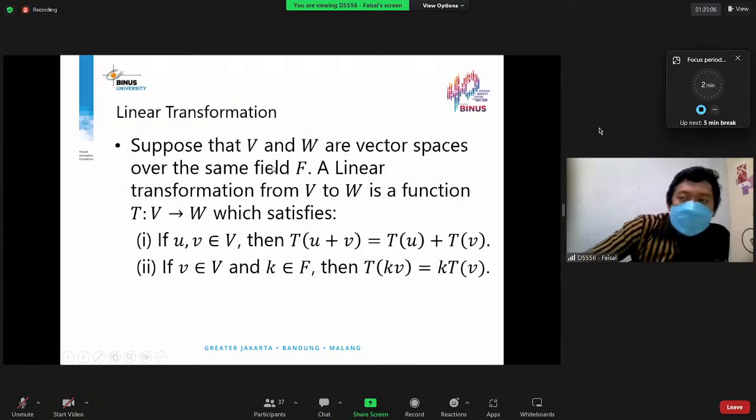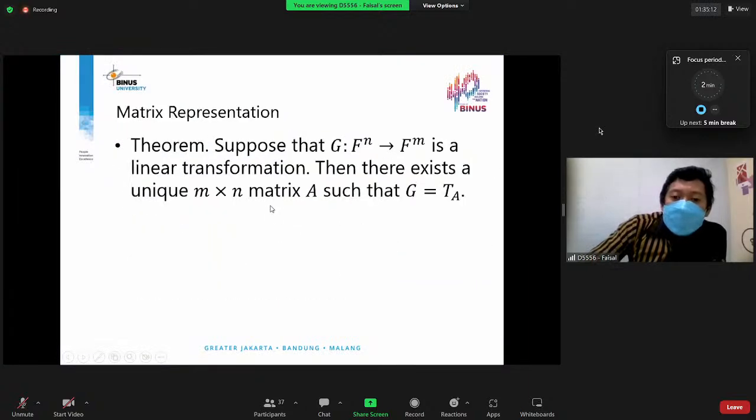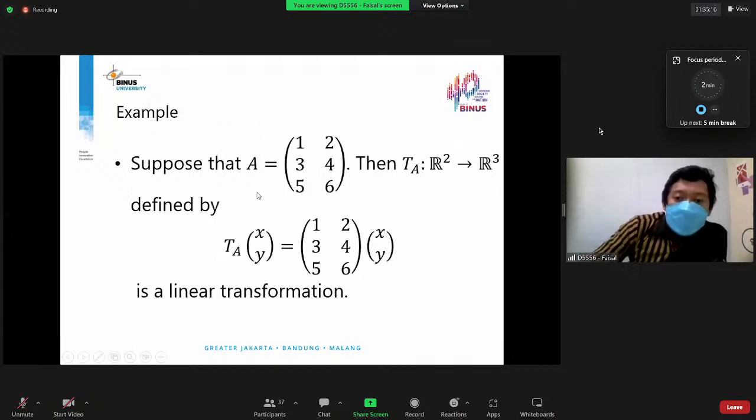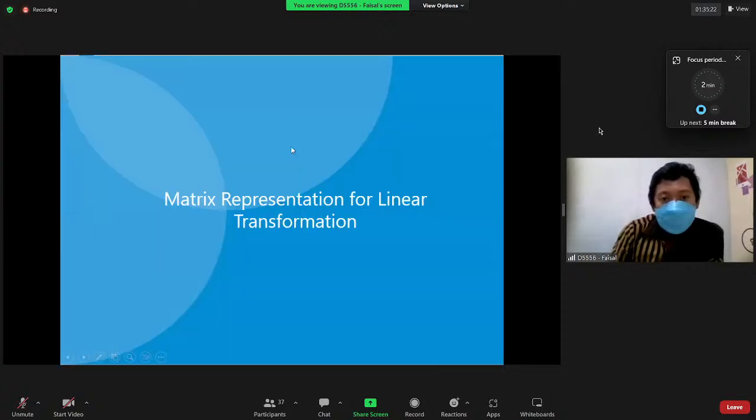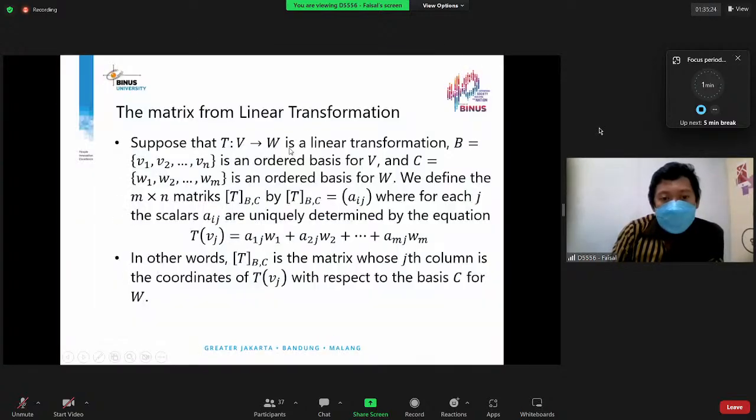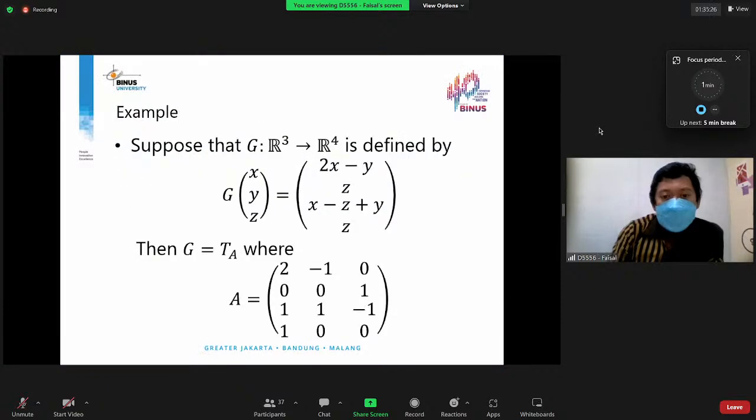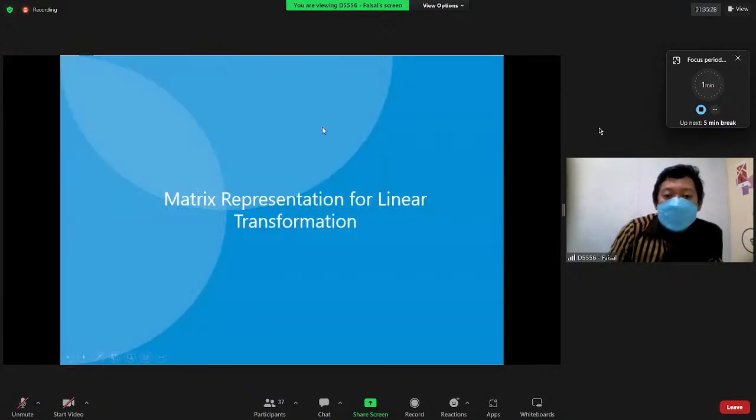OK, this is how we find a matrix for any linear transformation.